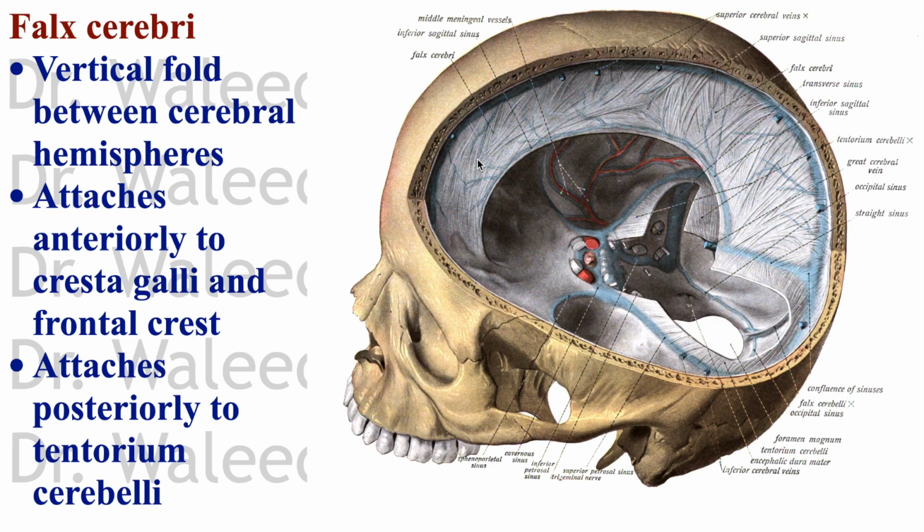The falx cerebri is the one you see here. It's broader posteriorly than anteriorly. Anteriorly, it's attached to the crista galli, a protrusion from the roof of the nose, of course from the cranial bones, and attaches itself posteriorly at the confluence and the internal occipital protuberance and continues laterally on both sides as the tentorium cerebelli.